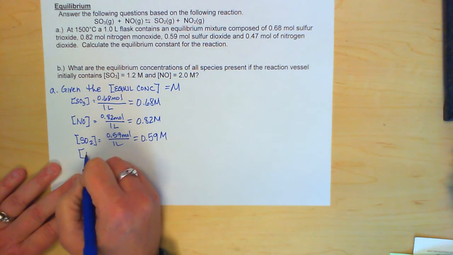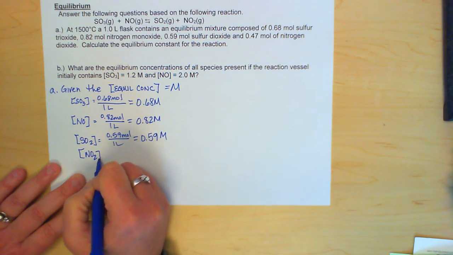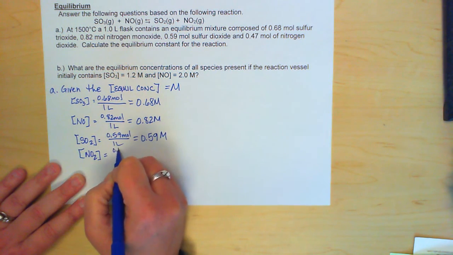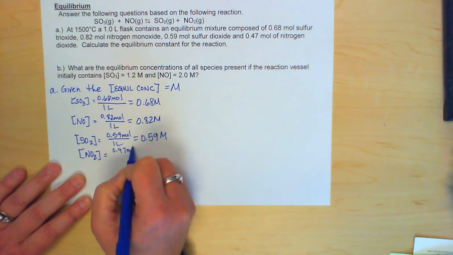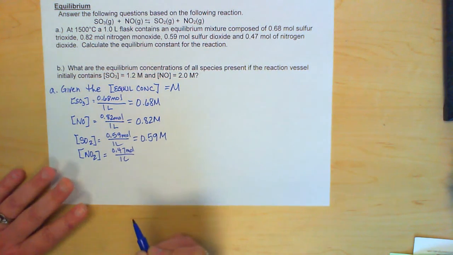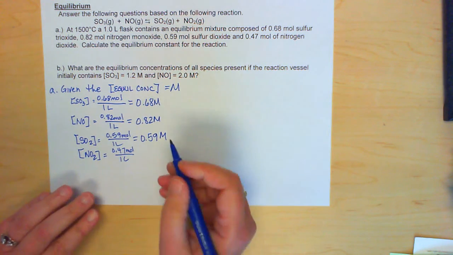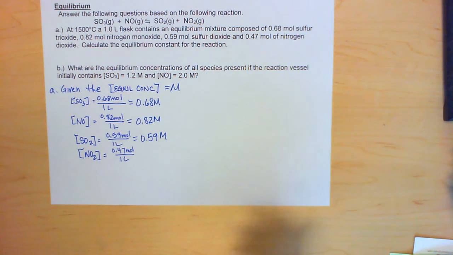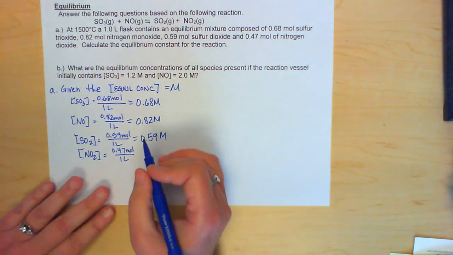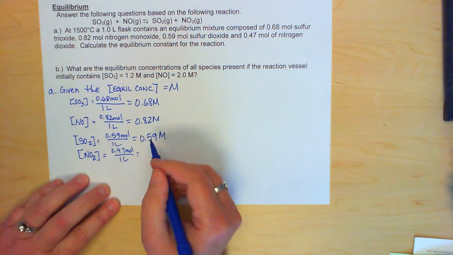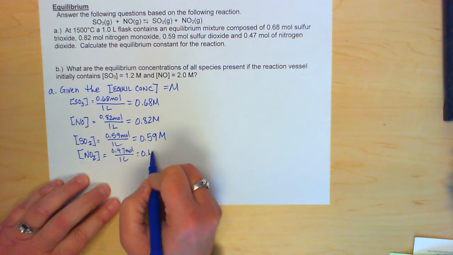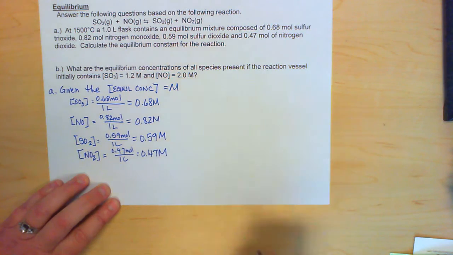And last but certainly not least is nitrogen dioxide, which is 0.47 moles per 1 liter. Now remember, because these are all 1 liter, the moles is the same as the molarity. But if you were using 2 liters, then that would change all of them. They would not be the given value. So this is going to be 0.47 molar.